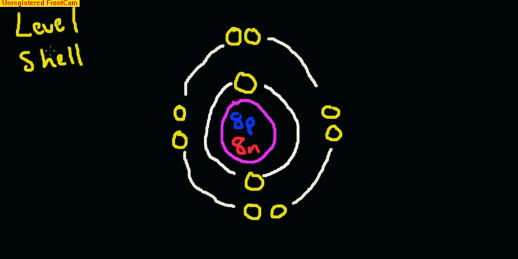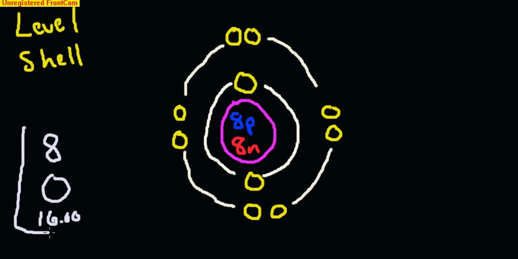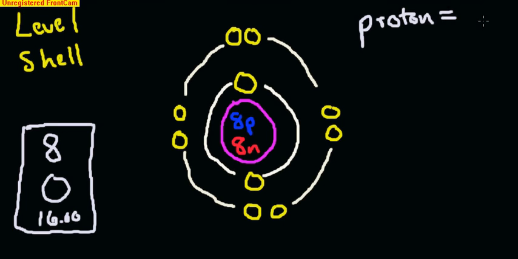All right. So we go back to looking at oxygen. Oxygen had 8 protons and it had an atomic mass of 16, but that's not important. I get this information from the periodic table. Now we're assuming that oxygen is not an ion. An ion is an element that has a charge on it. So it doesn't have a charge, so the number of protons is going to equal the number of electrons.